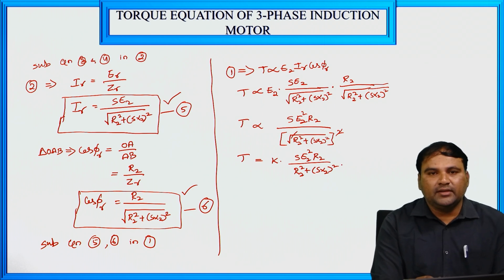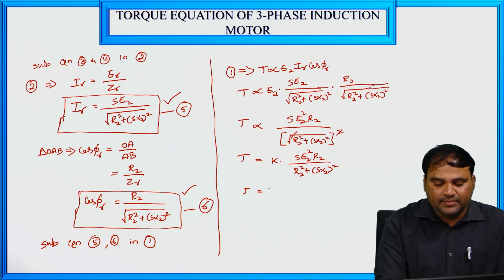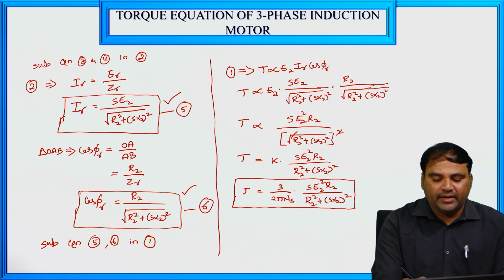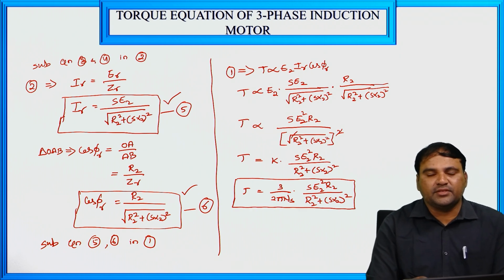So here we have one constant, which I am taking as 3 divided by 2 pi ns. This is the torque equation of the 3-phase induction motor, where ns is nothing but the synchronous speed.